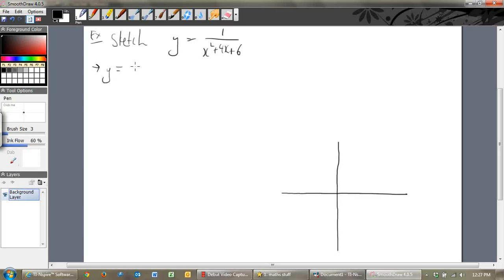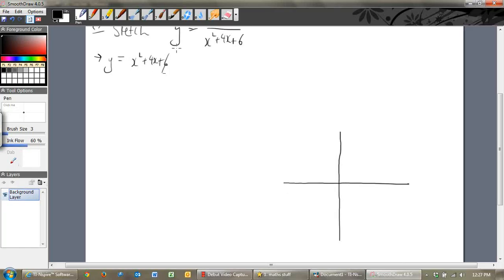Firstly, let's look at y equals x squared plus 4x plus 6. What does that look like? If we were to sketch that, let's complete the square. That's x squared plus 4x plus 4 minus 4 plus 6, which is x plus 2 squared plus 2. So what that looks like is a parabola.